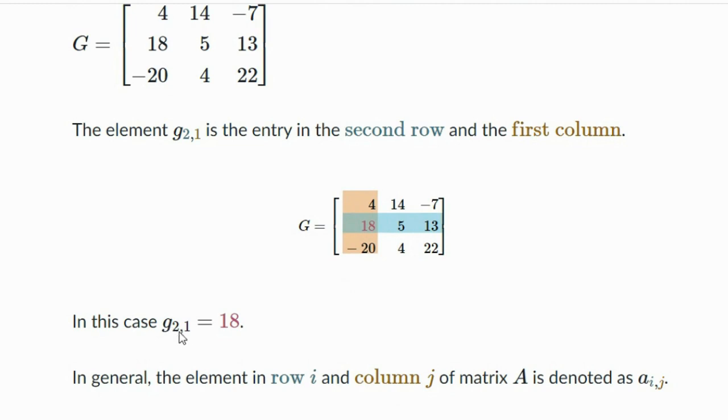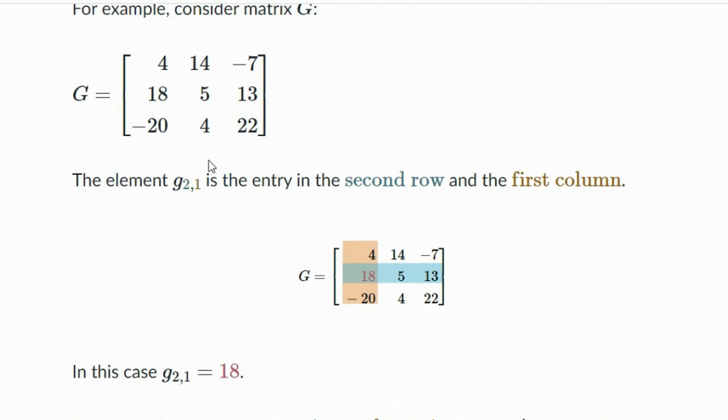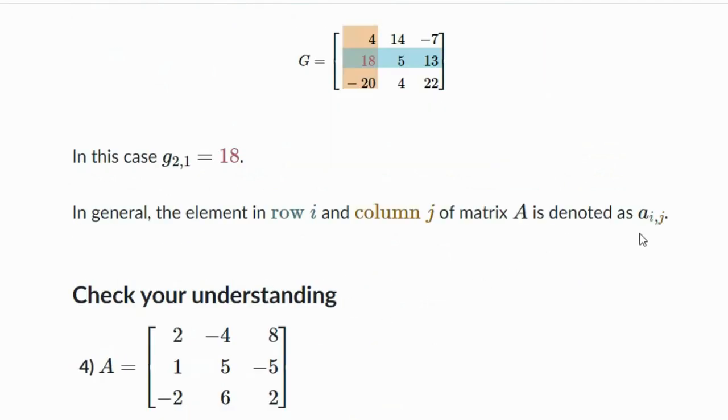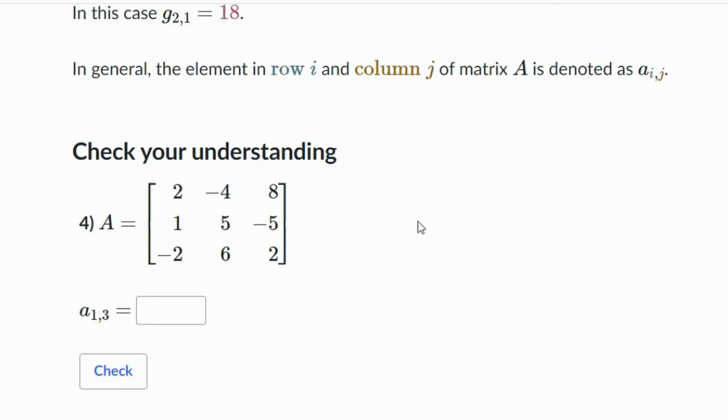So G2,1 is 18. That makes sense? The 2 is the row, so I want this row, and the 1 is the first column, so 18 is G2,1. So it's generally i, j, with i being the row and j being the column.